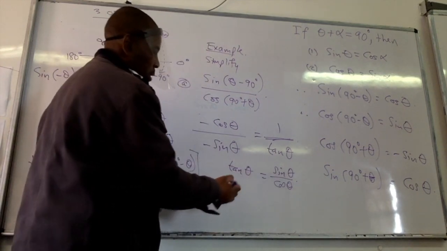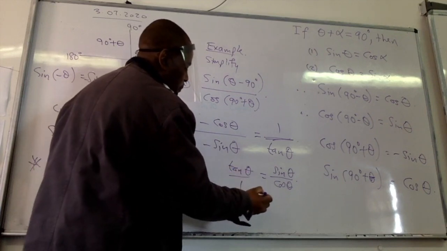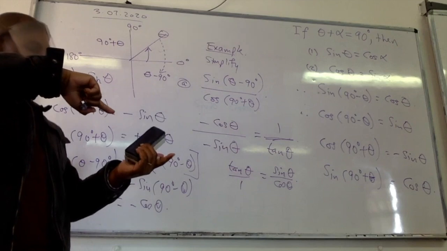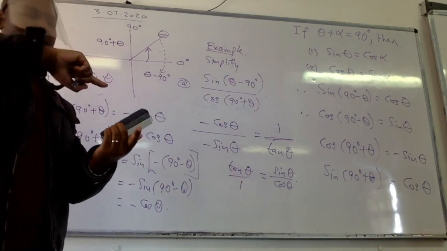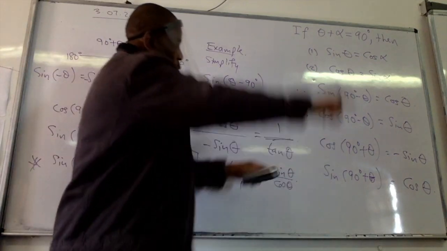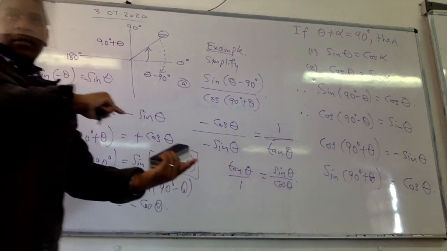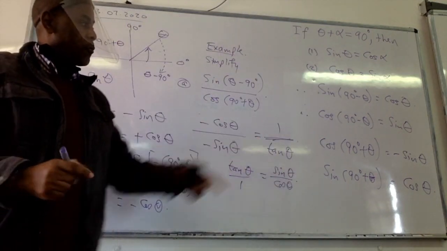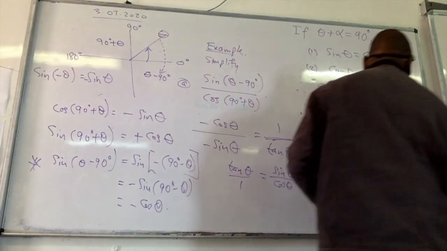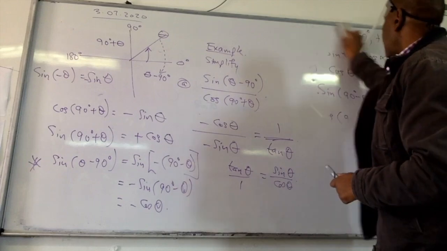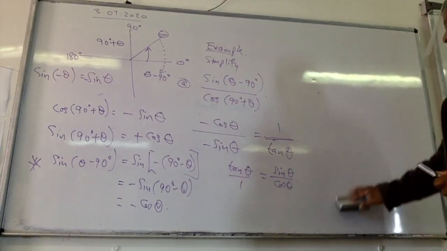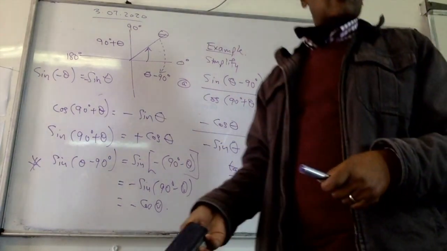If I put a 1 here and write this upside down, it goes 1 over tan theta, and that one goes cos theta over sine theta. That is where I'm getting that from. Sine theta over cos theta would have been tan theta over 1, and tan theta over 1 just means tan theta.